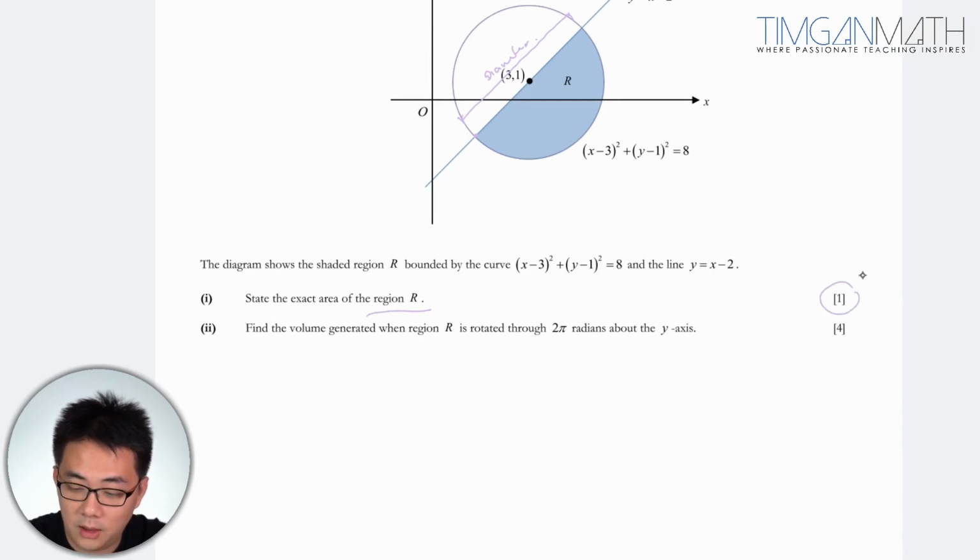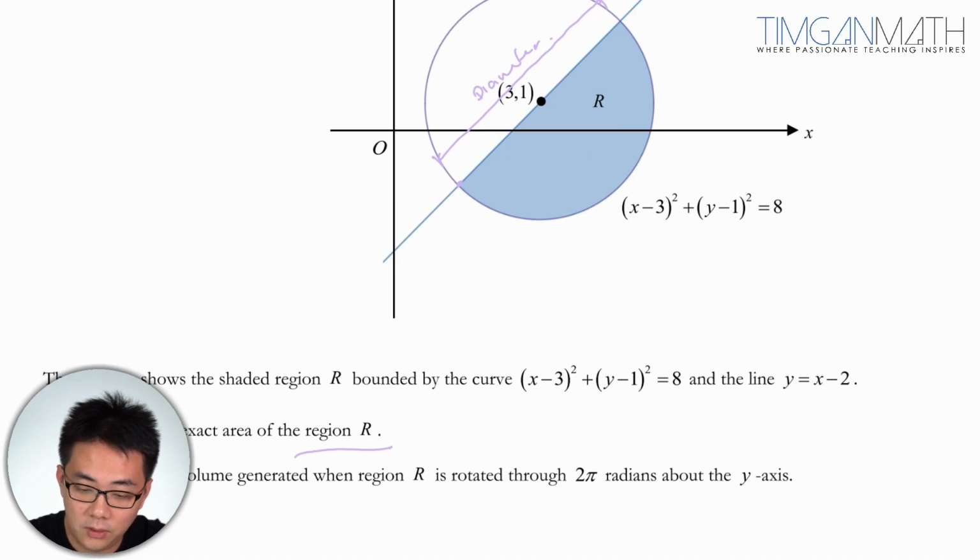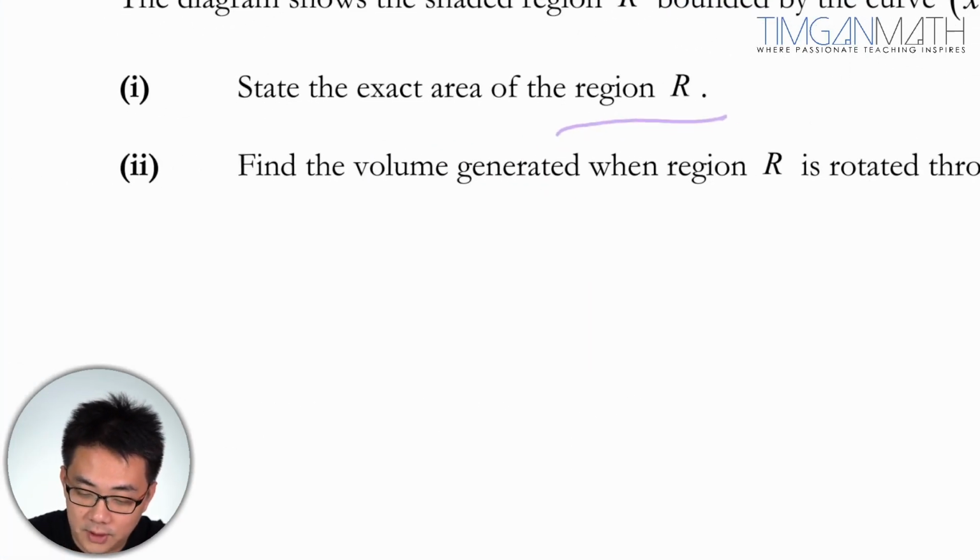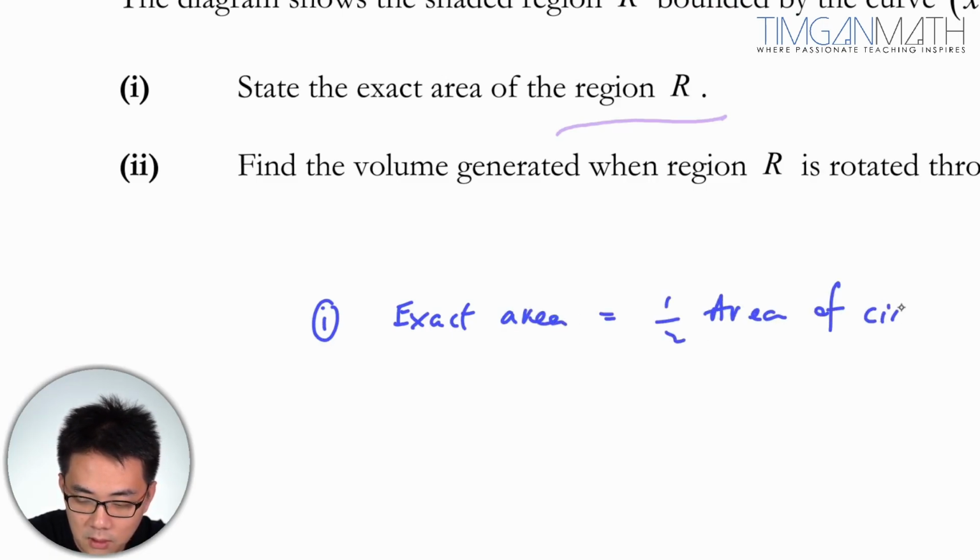And this is only 1 mark, okay? So I think this is pretty okay. What we need to do here is to find out what is the radius. And we're just going to put pi r squared over 2, half the circle. So exact area is equal to half area of circle. Okay?